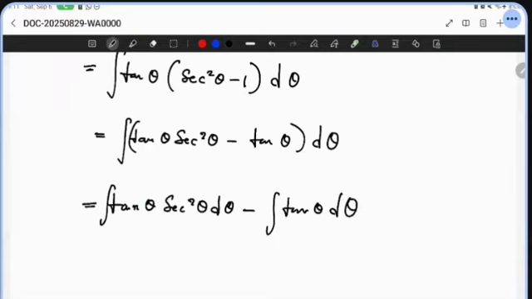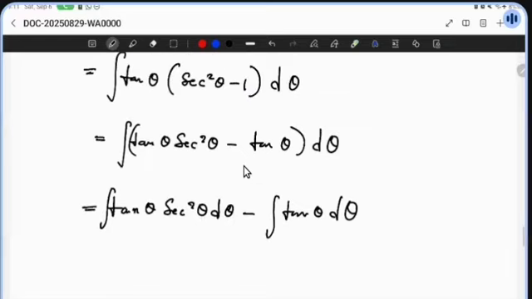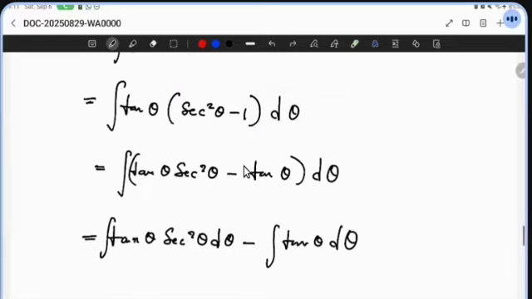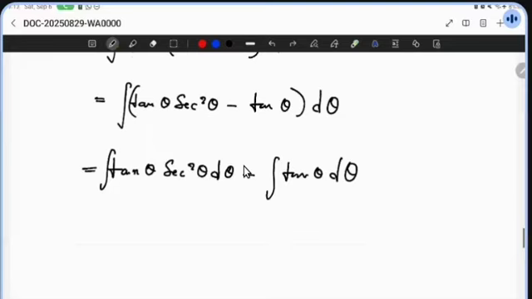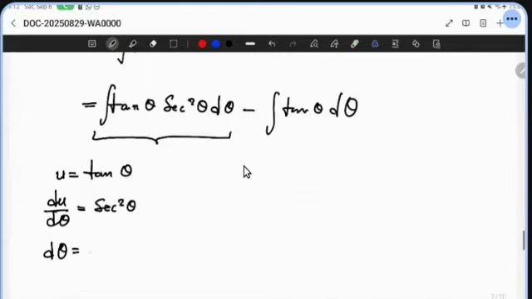So this is where you get to now integrate it. Doing the u substitution earlier, you would have run into some problems. Just distribute, bring it to this point. Now this can be worked out using a u substitution. You will have to choose your u as tan, because when you differentiate u, you get sec squared, so that your d theta will equal du over sec squared theta.